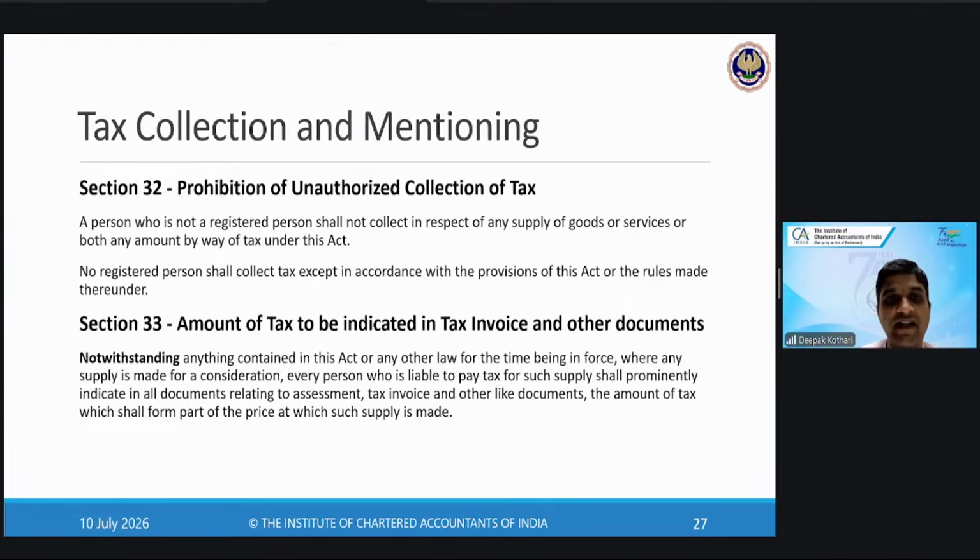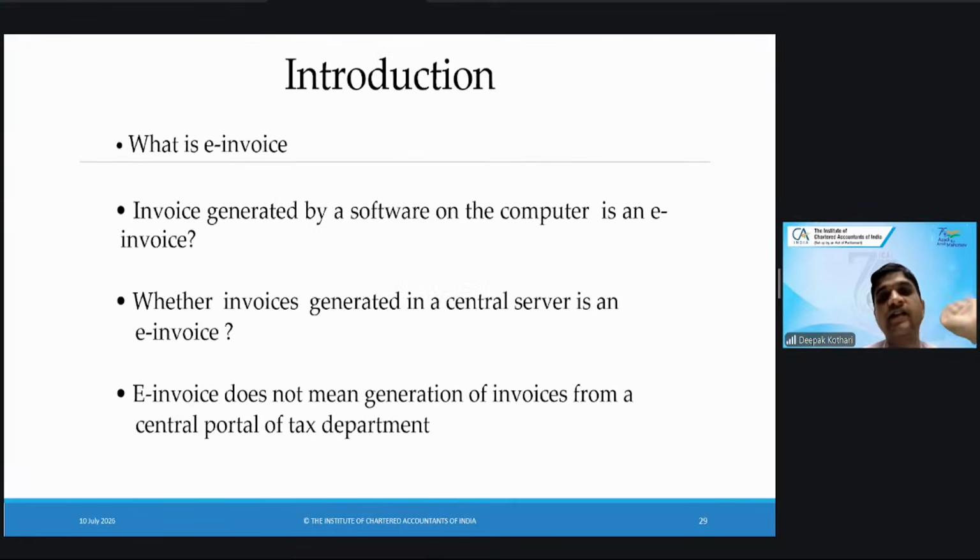TCS and tax collection, this is fine. Then e-invoicing. Now, e-invoicing is what? It is not like raising an invoice on a computer is called e-invoicing. E-invoicing is a separate method wherein immediately once you raise an invoice, the report goes to the government, right? So it is a seamless or online invoicing.